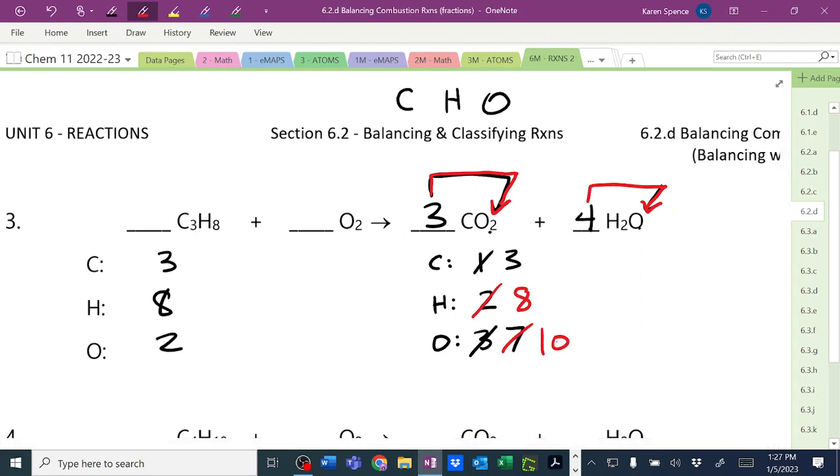Oh, this one we don't even need a half. Look at that. What if I had needed to, let's say this was 11 instead, what would I do? I would put 11 halves, and then I would multiply everything by 2. But it's not, so it's just 10, so I can just put a 5 and say, oh, that's 10, and then there we go.